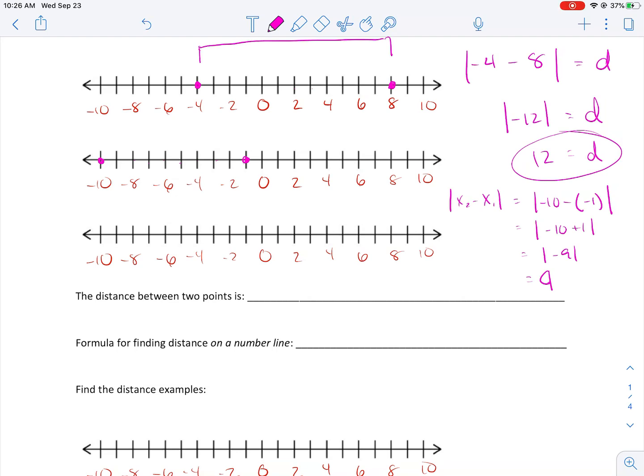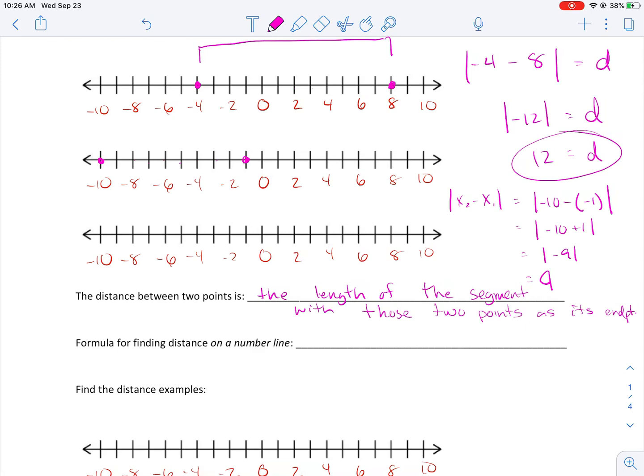The distance between 2 points is the length of the segment with those 2 points as its endpoints.